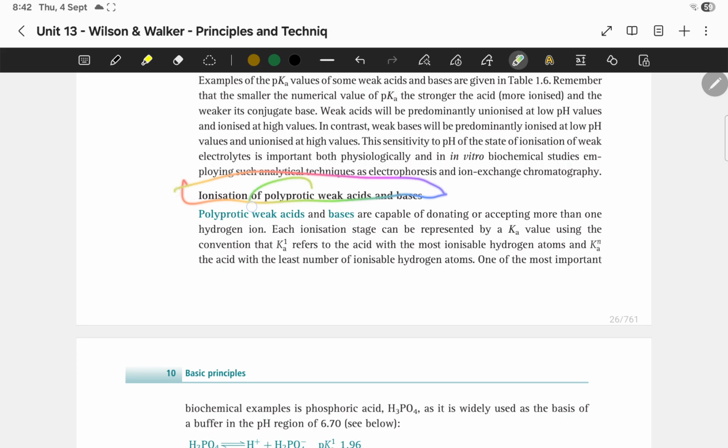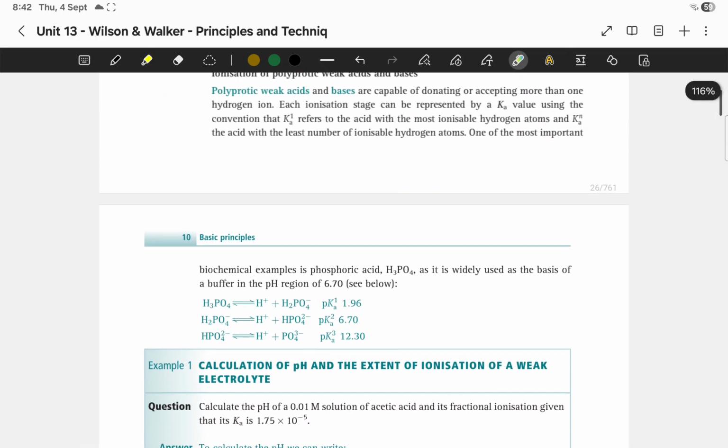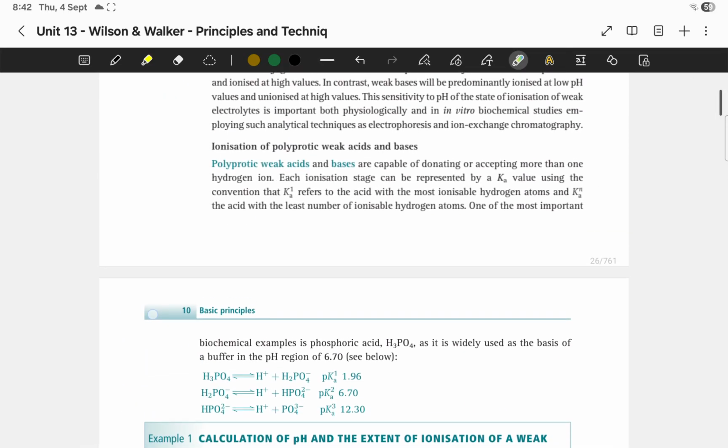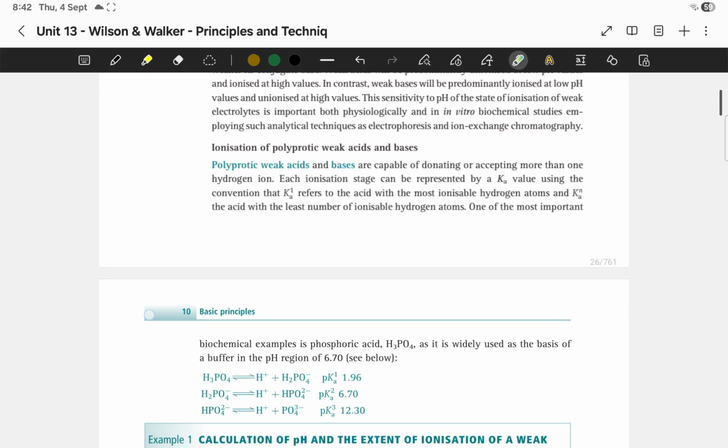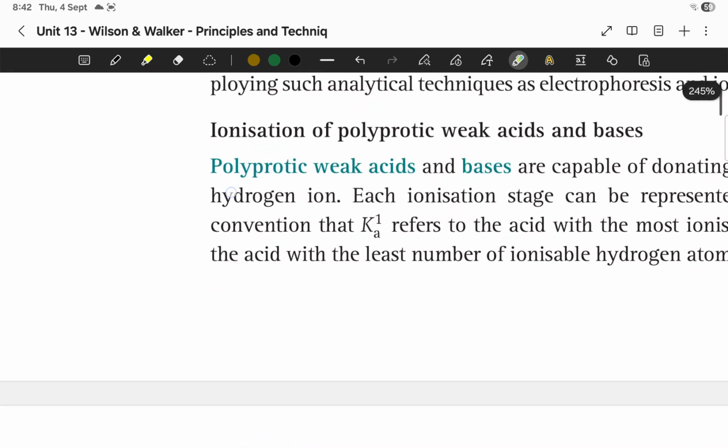Ionization of polyprotic weak acids and bases. So we have some polyprotic weak acids and bases that are capable of donating and accepting more than one hydrogen ion.